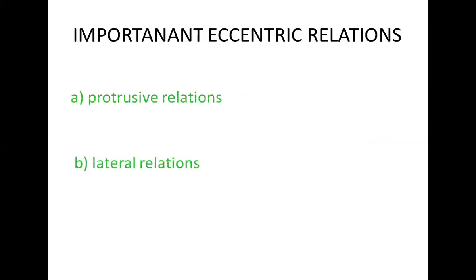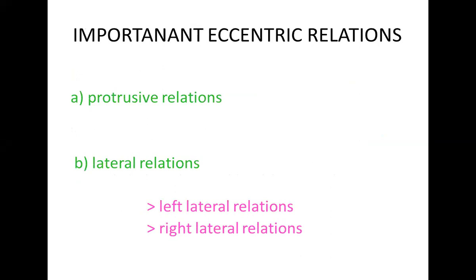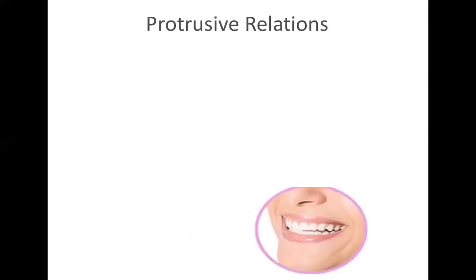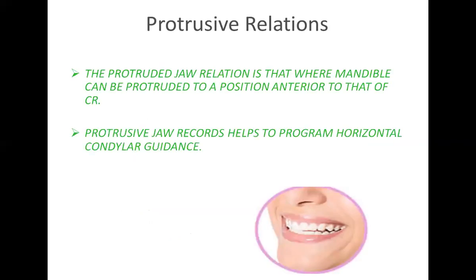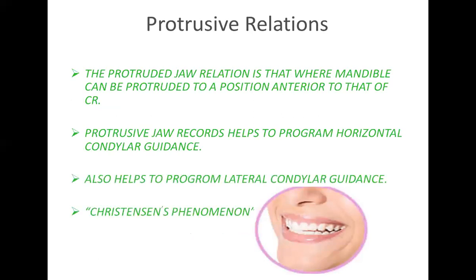So eccentric relation we can divide into protrusive and lateral relation. That is, we can move the jaw forward, or move it left and right. If we move left and right, we can further divide lateral relations into left lateral and right lateral relationships. So protrusive relation, the first relationship, we discuss first.